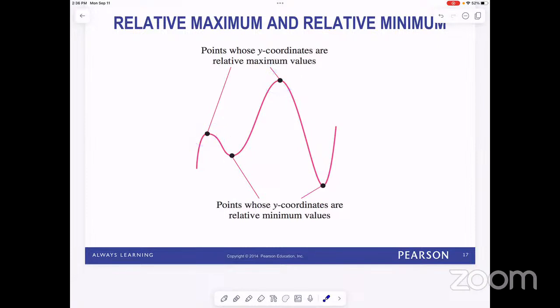If you ever see relative max or relative min, the max are the peaks of the mountains and the relative min are the bottoms of the valleys. Not to be confused with absolute max and absolute min.